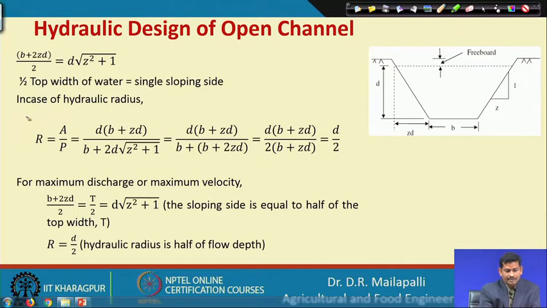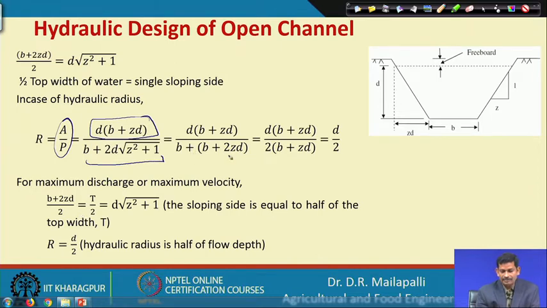In case of hydraulic radius, R is equal to A by P. So, A you got this, and P is b plus 2D square root of z^2 plus 1, from the previous equation.